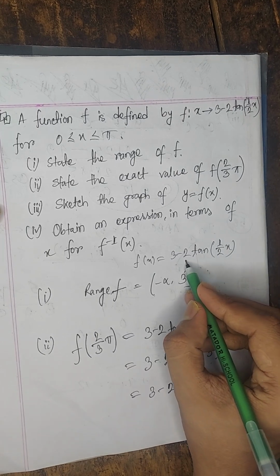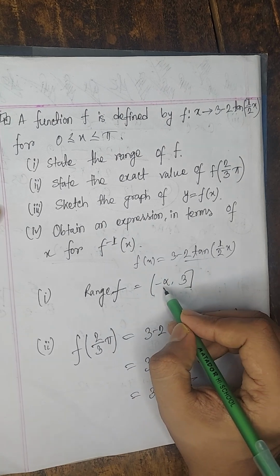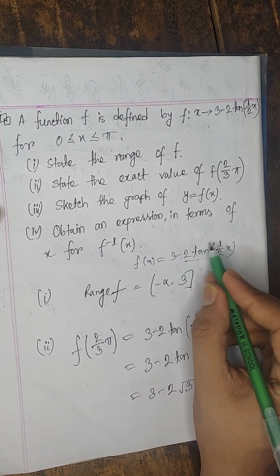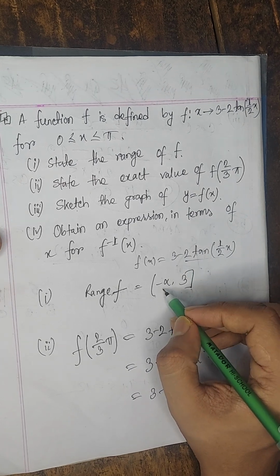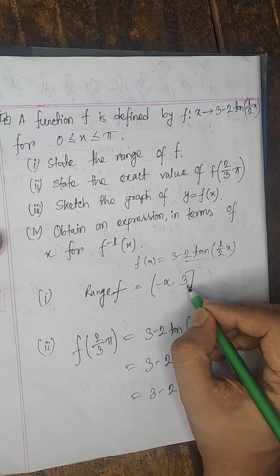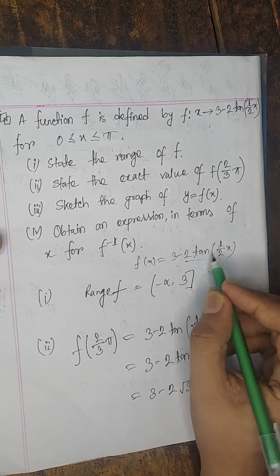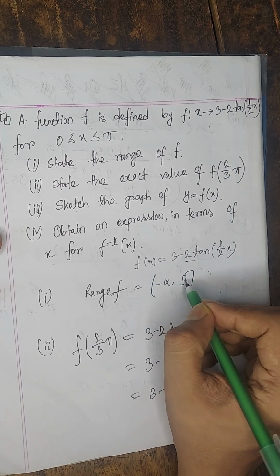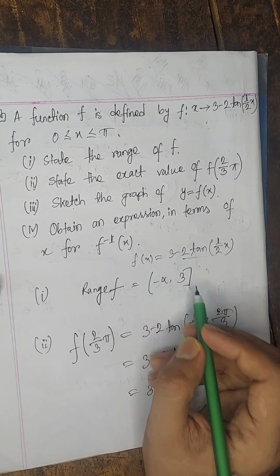For the maximum value of this part, the value of f will be minus infinity. Suppose the value of this part is infinity, right? So 3 minus infinity will be minus infinity. Why 3? Because for the minimum value, if this part becomes 0, then the value of f will be 3 minus 0, which is 3. So that's why the range is minus infinity to 3.